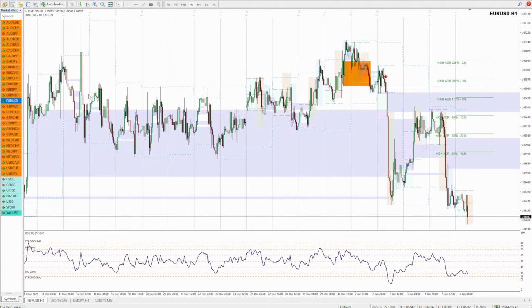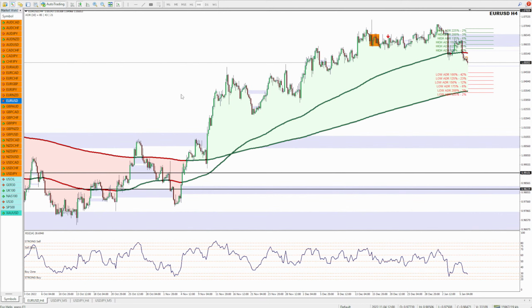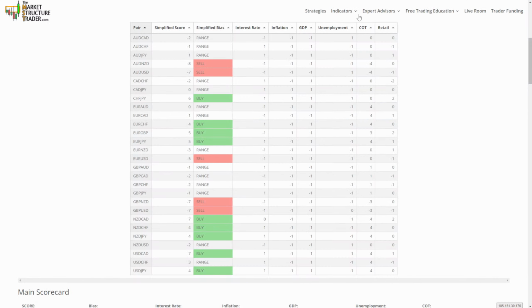Euro US dollar. So Euro US dollar is very difficult because you've got two currencies which are potentially strong at the moment. So I think with this one, really, you can play it in any direction, but I don't know what I'd rather be, to be honest, on Euro US, thinking about it. There's no sentimental advantage from COT.